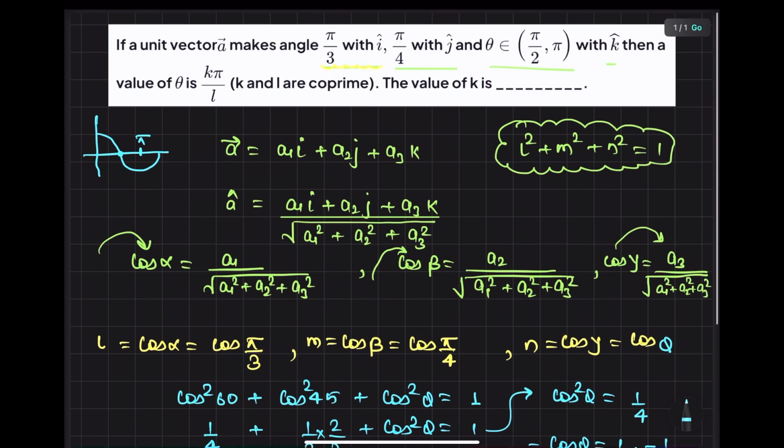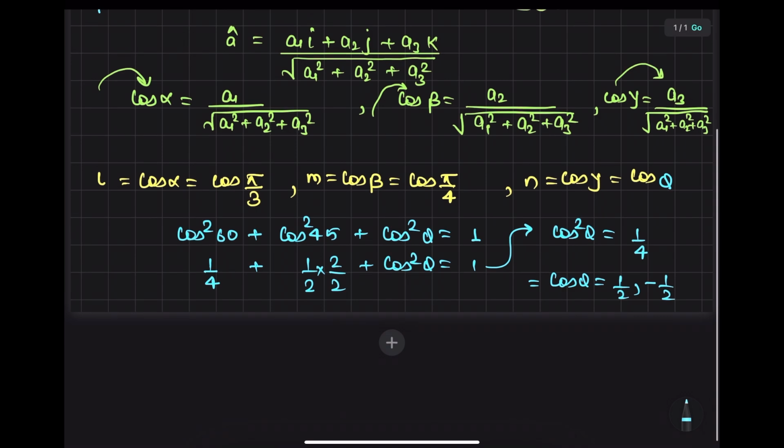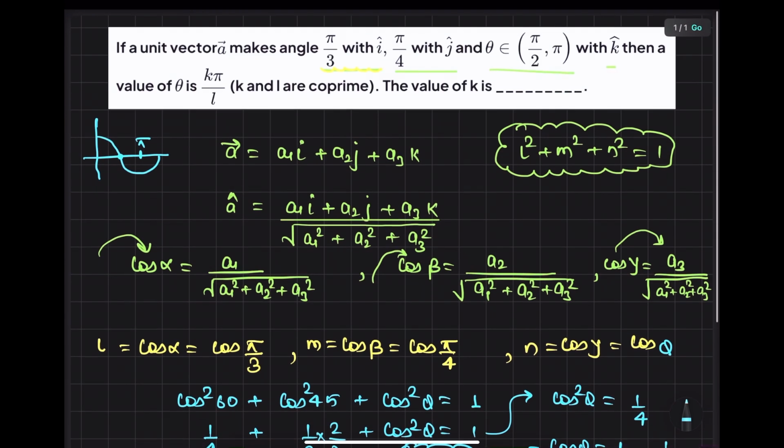So we should go in the second quadrant. In the second quadrant, the value of theta is 180 minus 60, that is 120 degrees. So it is 2 pi by 3.